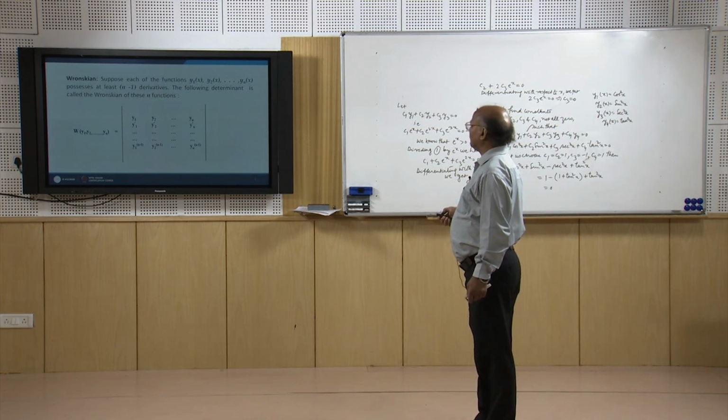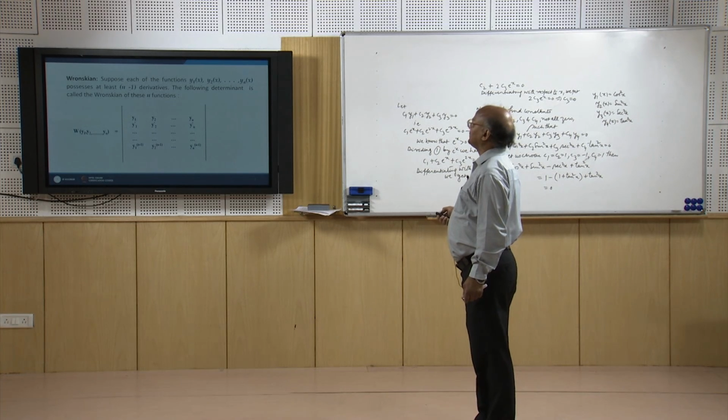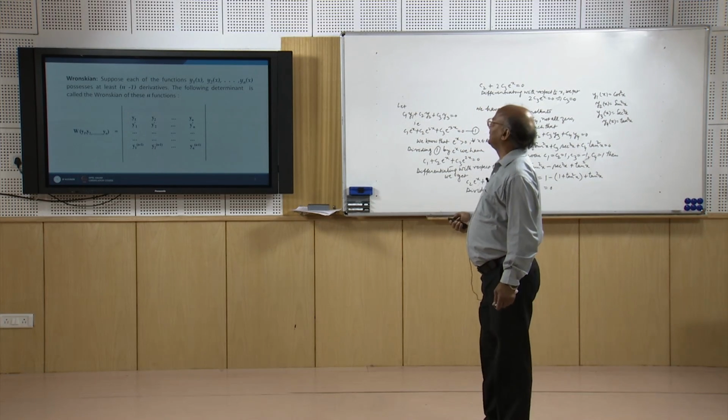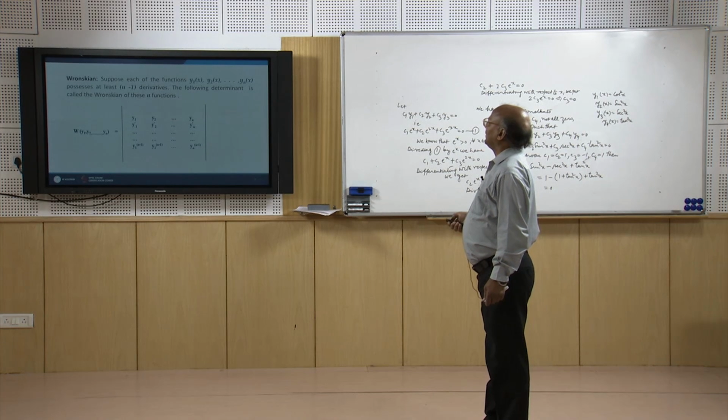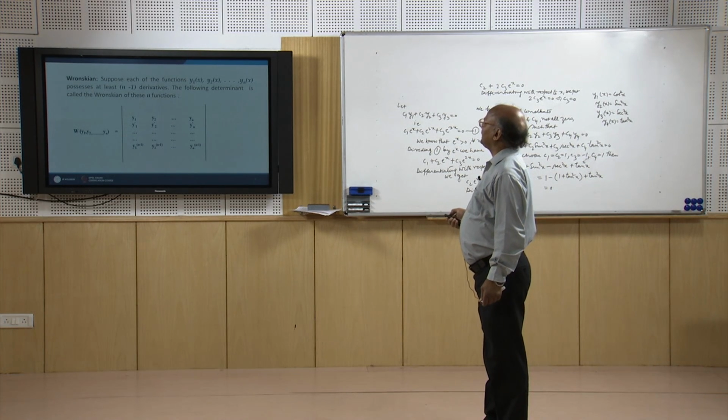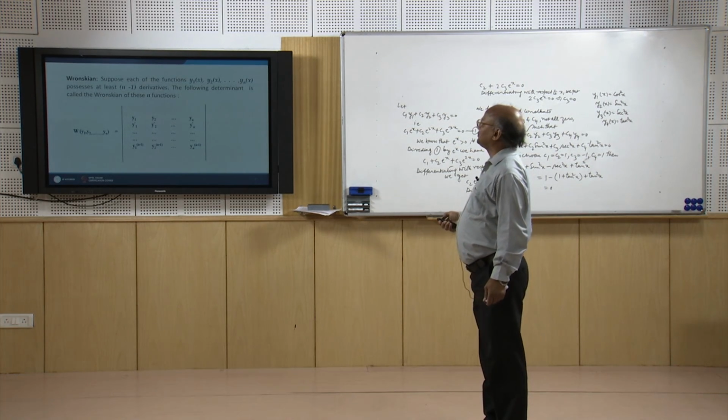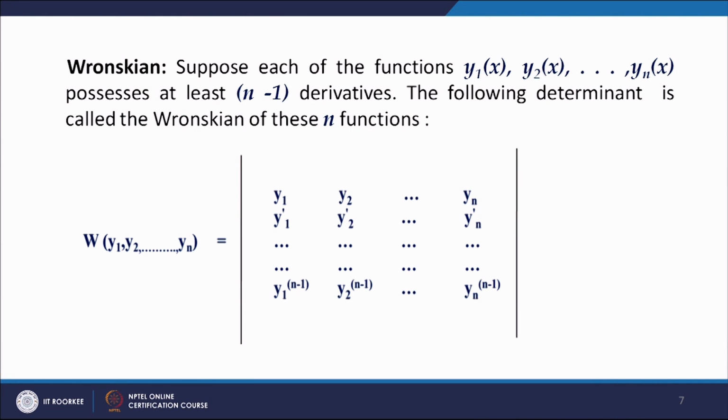So there is another process by which we can check the linear dependence or independence of n functions. Suppose we have n functions y1, y2, ..., yn which possess at least n minus 1 derivatives with respect to x, then we will check the value of this determinant. This is an nth order determinant which we denote by W(y1, y2, ..., yn), and call it the Wronskian of these n functions.